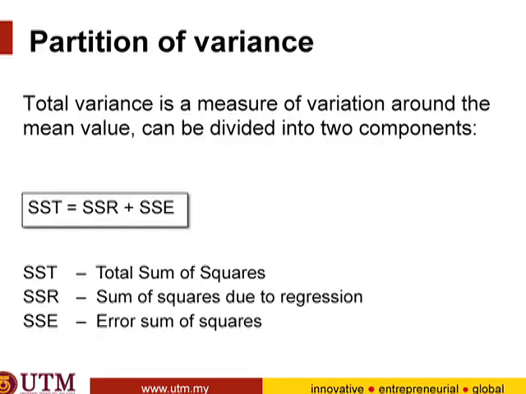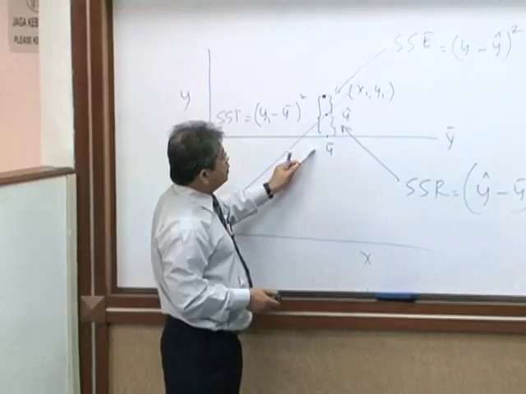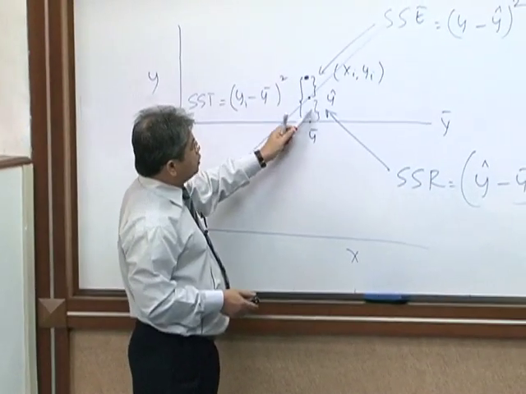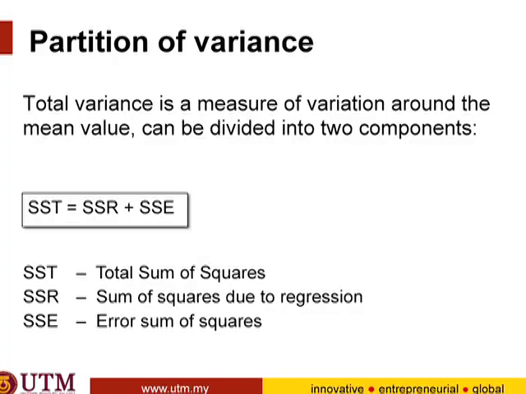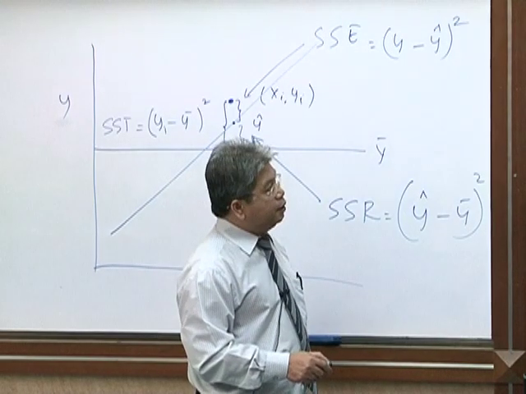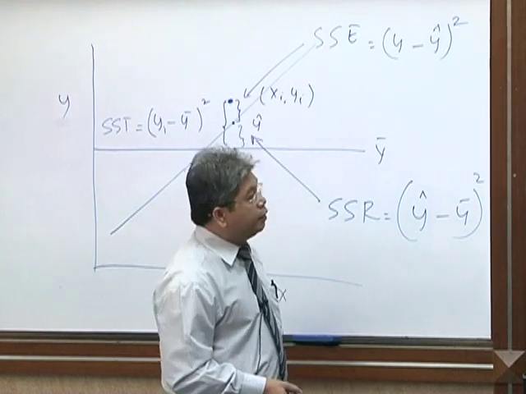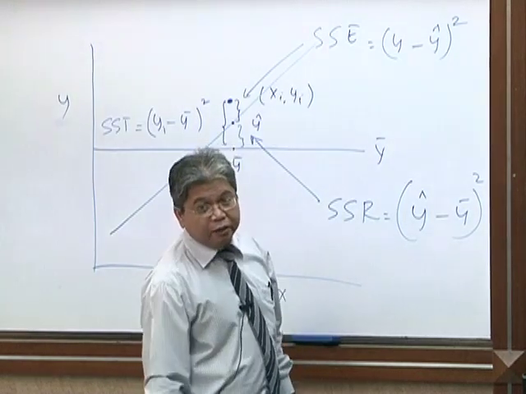SST is equal to, if you look at the diagram, the total variance is equal to SSR plus SSE. The total variance of y is equal to SSR plus SSE. SSR is explained by the regression line, SSE is the error term. So the total variance is the sum of the variance explained by the equation, and SSE is the unexplained variance, the remaining error.